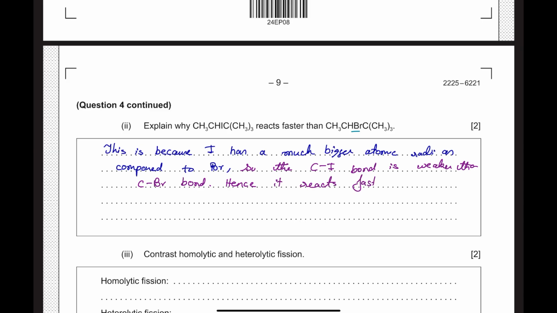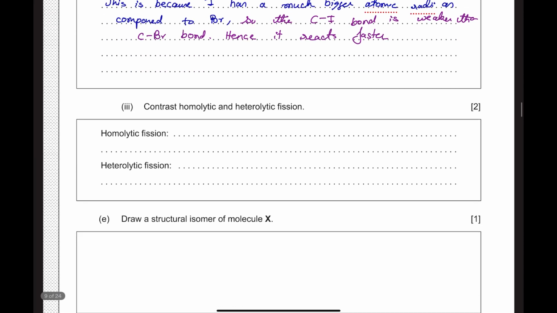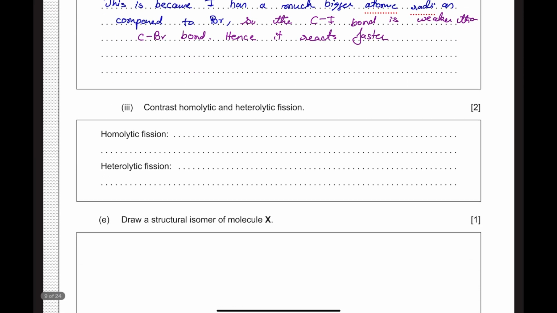Done. Next, we have to differentiate between homolytic and heterolytic fission. In homolytic fission, your bond breaks equally, and both the atoms containing the covalent bond will receive one electron each.